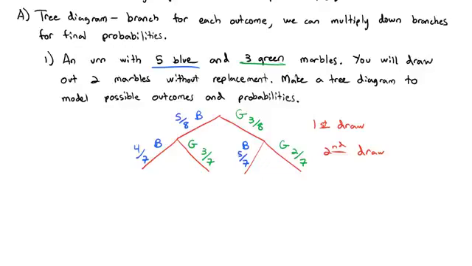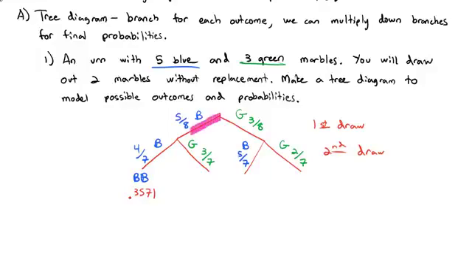Now, to get my final probabilities for each of these possible outcomes, we just have to multiply down the chain. If I want a blue-blue outcome, I'll multiply the 5/8 times the 4/7, and we get a probability of 0.3571.